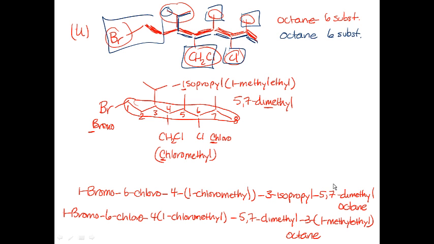So these are the two possible names for the red longest chain that has the 4 substituents. I'm sorry, 6 substituents. So I got it 1, 2, 3, 4, 5, 6. So there's my 6 substituents. Okay, so either one of these two names would be correct if you chose the red longest chain.